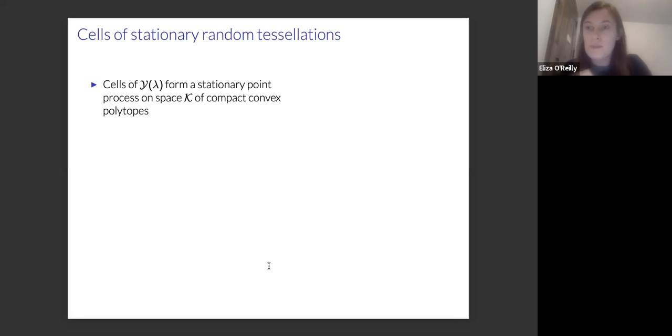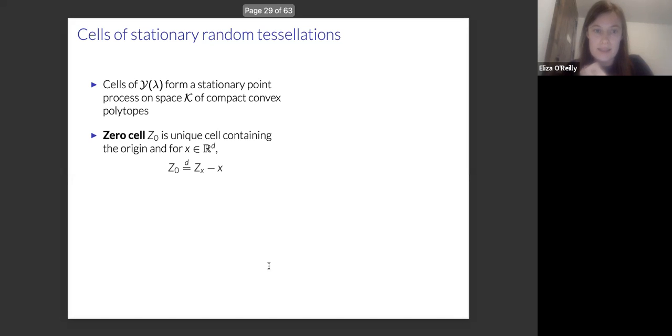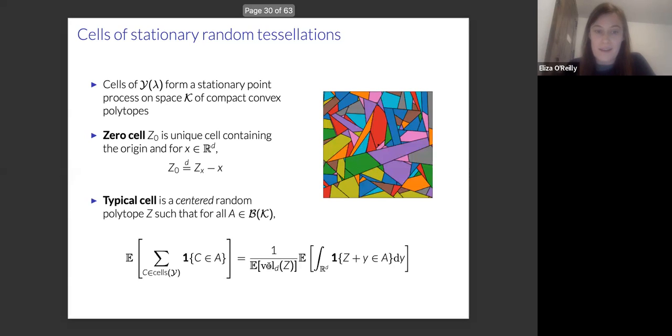As I said, there are two important random polytopes we associate with these processes. One is the zero cell, which is just the unique cell that contains the origin. And by stationarity, this has the same distribution as the cell that contains any fixed location x in R^d, translated so that x is at the origin. Another important random polytope is called the typical cell.